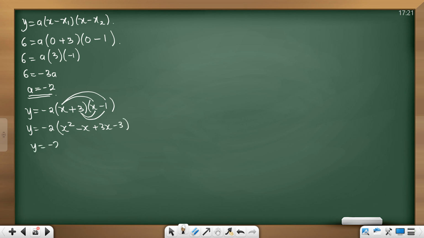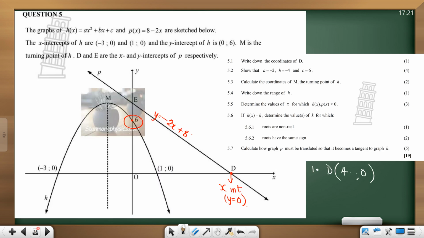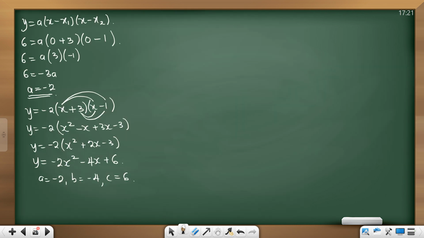Y equals negative 2. 3 minus 1 would be positive 2. And then we expand throughout. Can you see that my 6 comes out plus 6? So A, B and C are negative 2, negative 4, 6, and I think that's what they wanted. Same story.